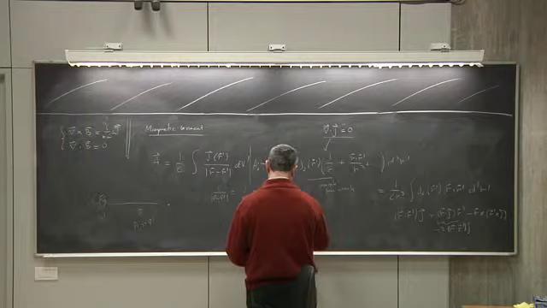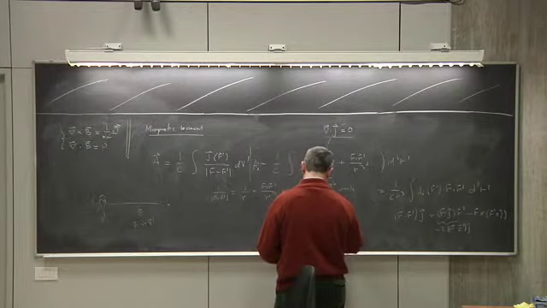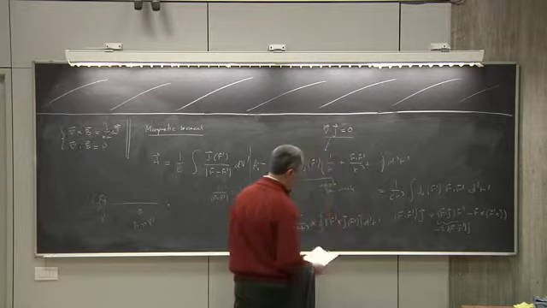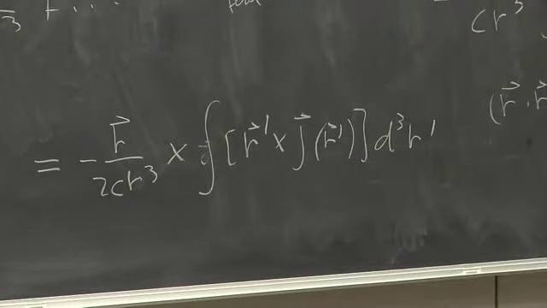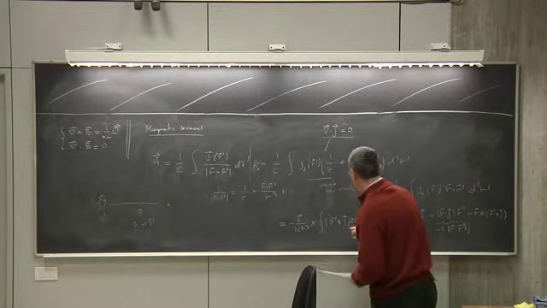Let me write it: 1 over 2c R cube cross the integral of R prime cross J of R prime, that you still have to integrate over the volume. So this one can be replaced by this one with a factor of 2 that goes here. And then you have this triple vector product.